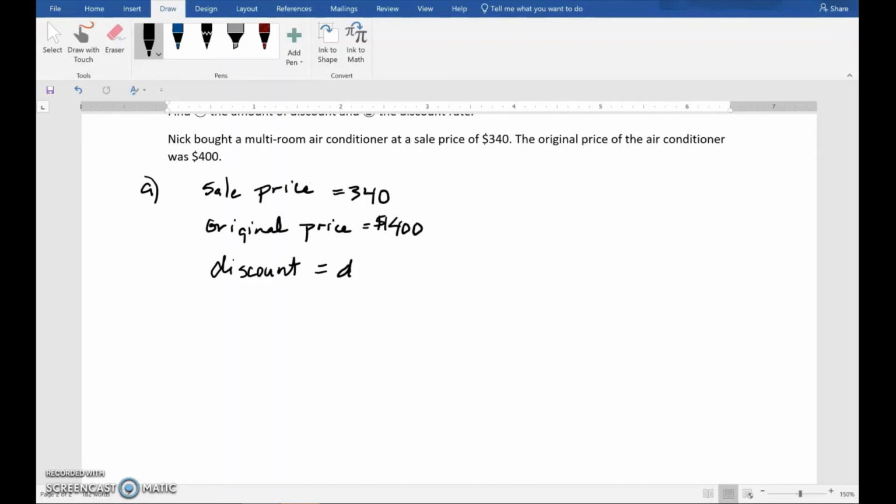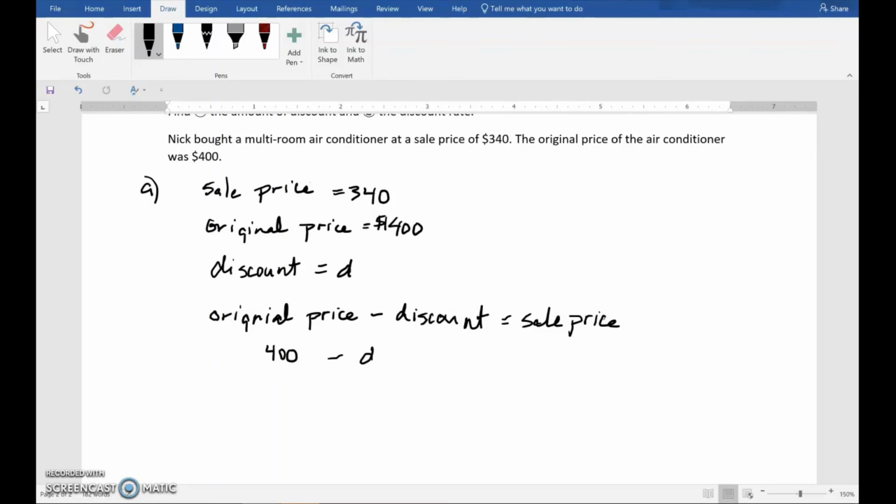And so what is our formula that has sale price, original price, and discount? Remember, it says the original price minus the discount is the sale price. So original price is $400.